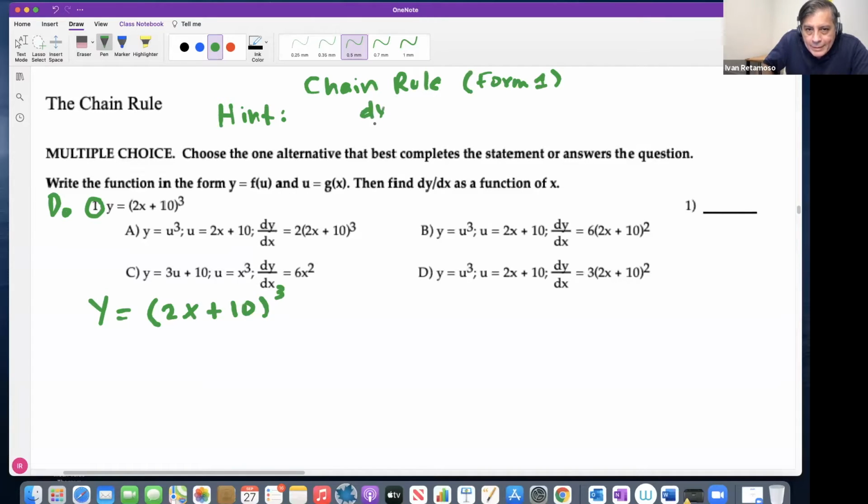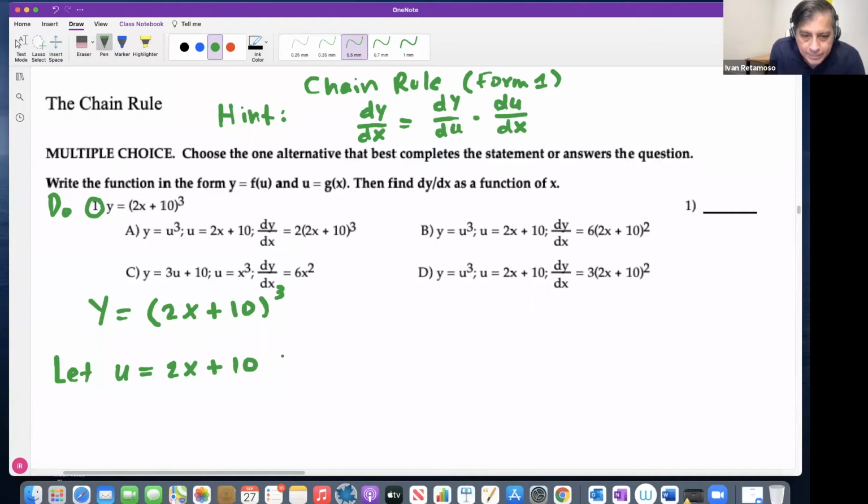Leibniz form is this: dy dx, the derivative of y with respect to x, is equal to dy du, the derivative of y with respect to u, times du dx. And a hint for you guys: let u be equal to the inside function, always this u. The last hint: y is supposed to be this raised to the third power.